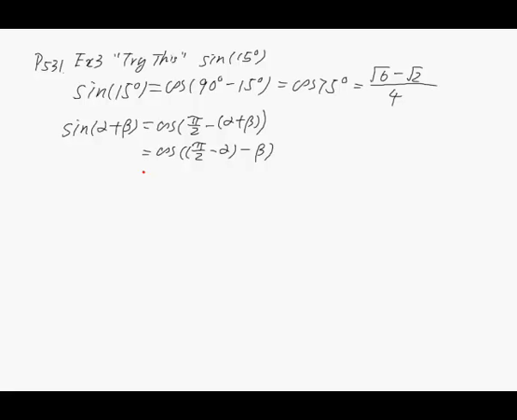So now, by the identity for the cosine of a difference, we have the cosine of half pi minus alpha times cosine beta plus sine of half pi minus alpha times sine beta.